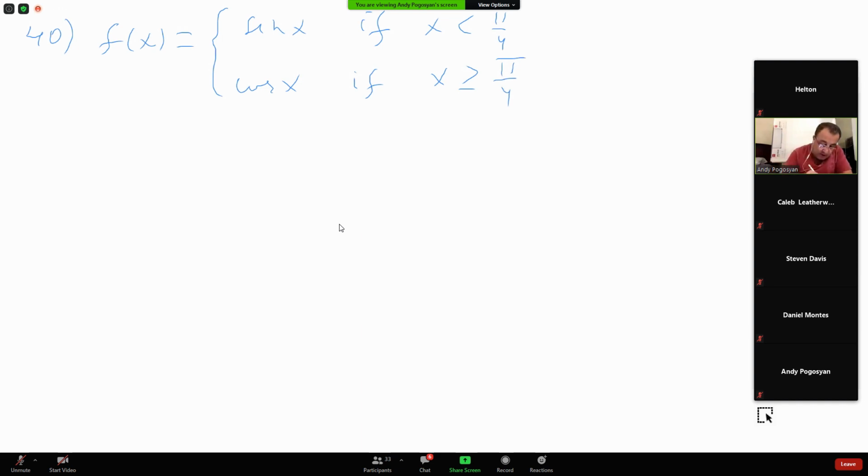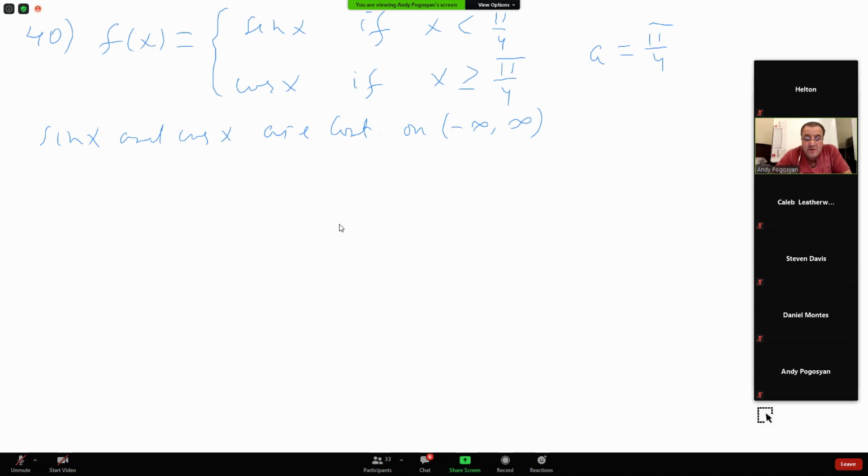Now sine x and cosine x are continuous on negative infinity to infinity. So the only problem that can occur should be at the point a equals pi over 4. Because for the rest of the values, sine x is continuous, cosine x is continuous.